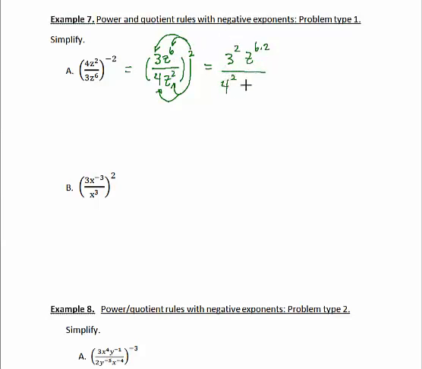And the 4 stays on the bottom, and the z squared stays on the bottom. We just simply multiply its exponent by 2. 3 squared is a 9. 6 times 2 is 12. 4 squared is 16, and 2 times 2 is 4, leaving us with a z to the 4th.